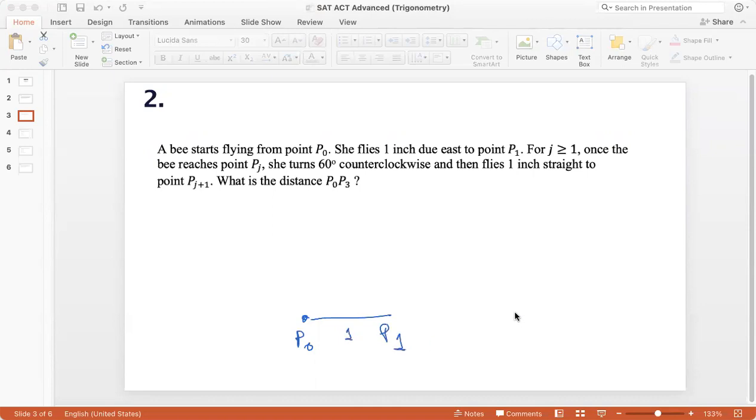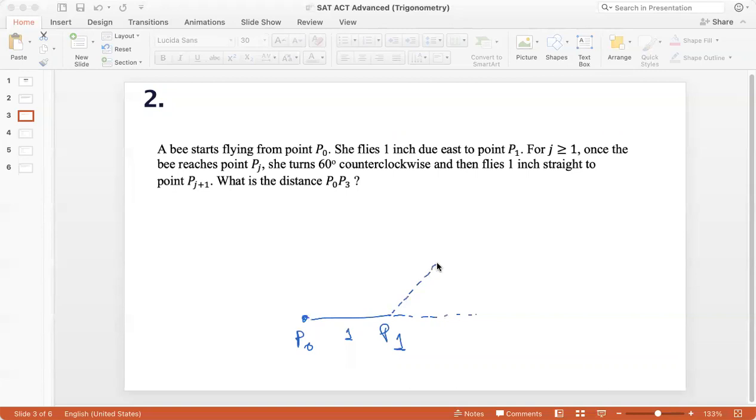For j greater than or equal to 1, once the bee reaches point Pj, she turns 60 degrees counterclockwise and then flies 1 inch straight to point Pj plus 1. So this is the straight line in which she is going.